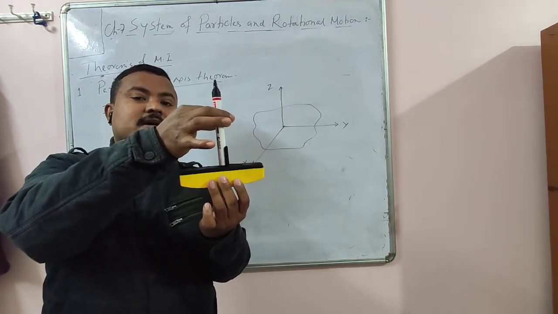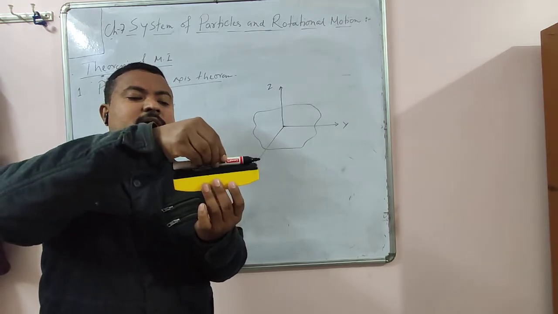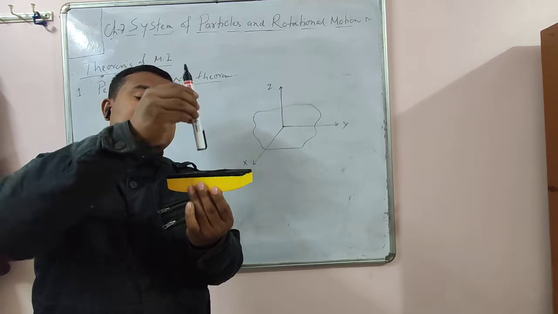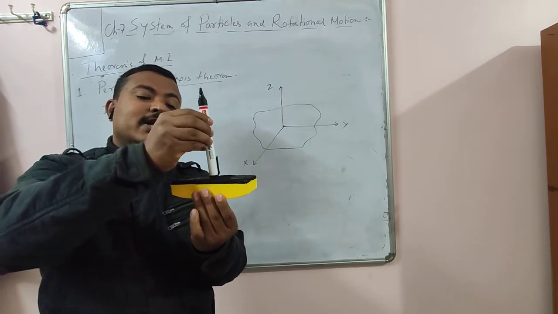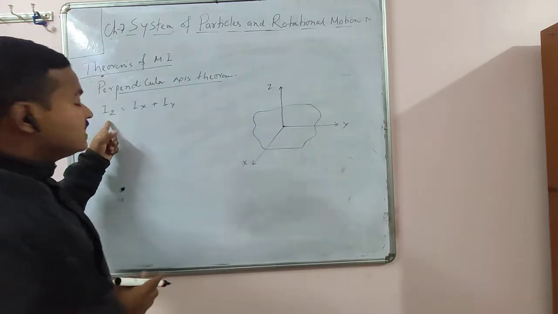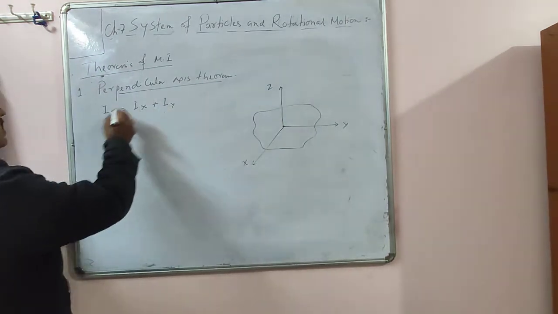And suppose this is x and this is y. So x and y are mutually perpendicular and lying in the plane, but z is normal to the plane. That you have to see carefully. So the axis which is normal to the plane is equal to the sum of the other two. So this is called the perpendicular axis theorem.